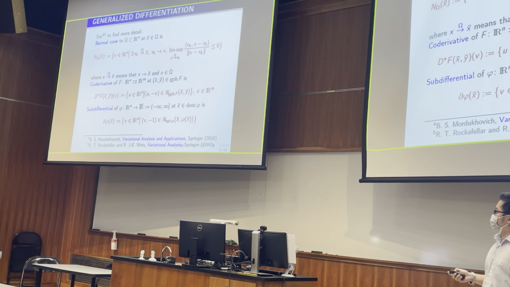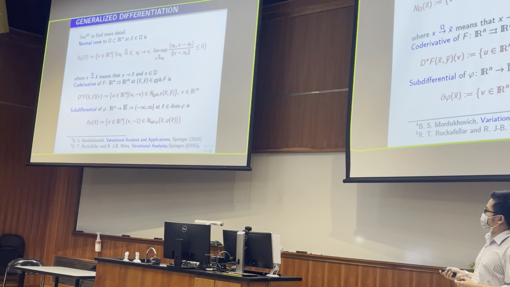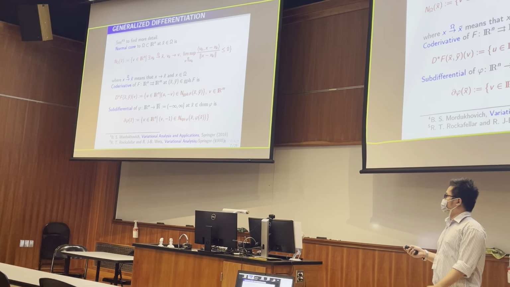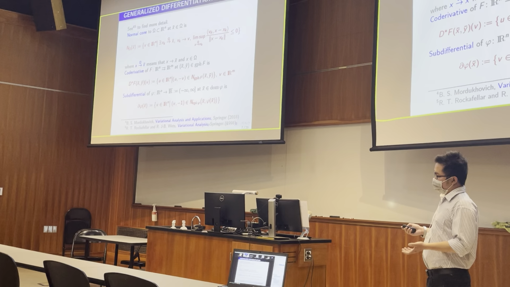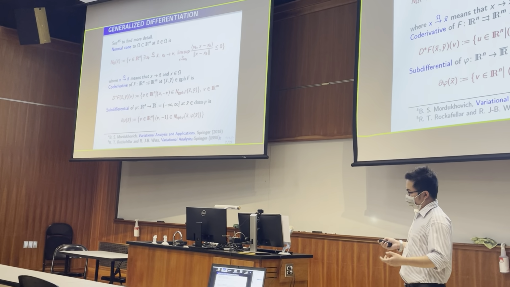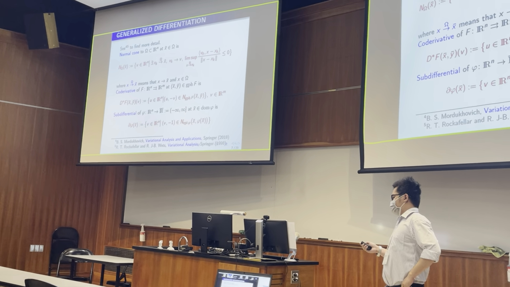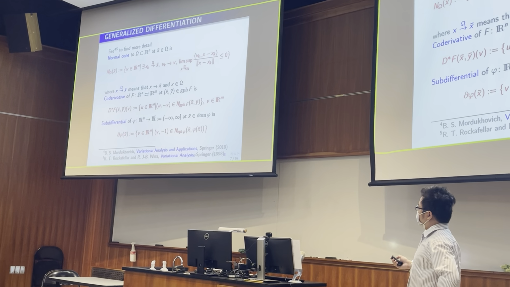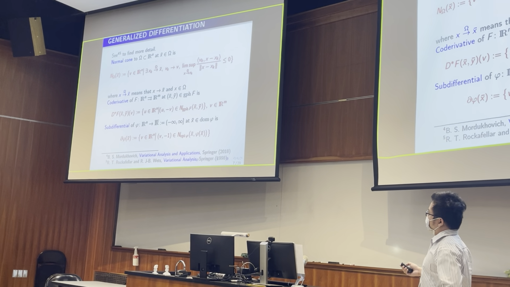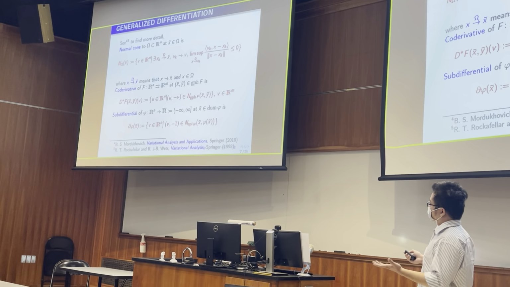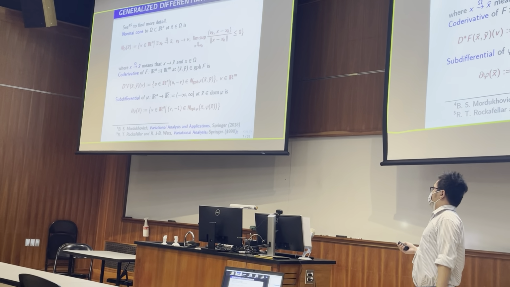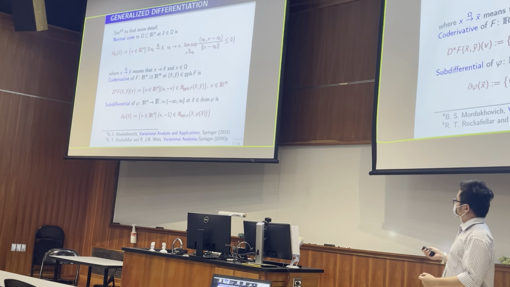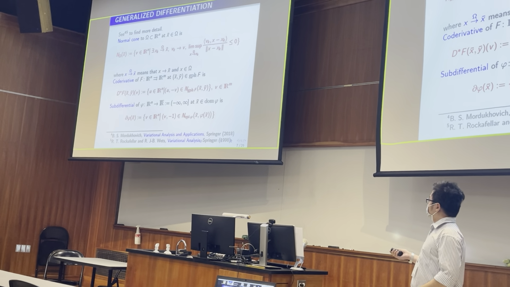Here I will recall some notions in variational analysis, which were also recalled in the previous talk, so I will just go through them quickly. These notions are presented in the book of Mordukhovich and Rockafellar.